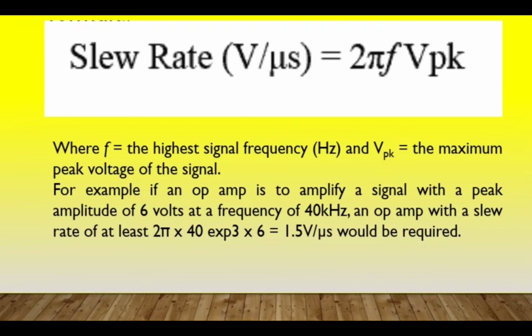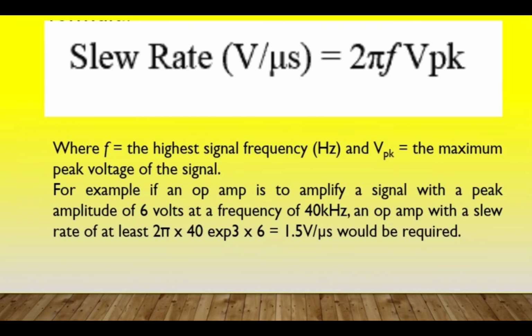For example, if an operational amplifier is to amplify a signal with a peak amplitude of 6 volts at a frequency of 40 kHz, an operational amplifier with a slew rate of at least 2 pi times 40 times 10 to the power 3 times 6, which equals 1.4 volts per microsecond, would be required.